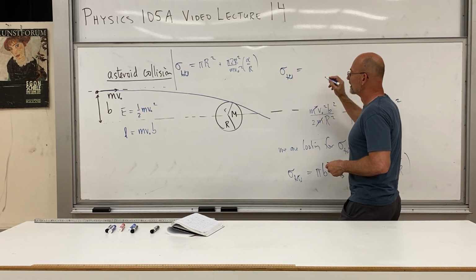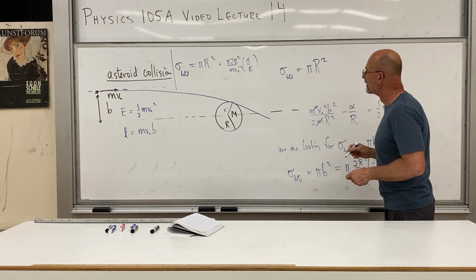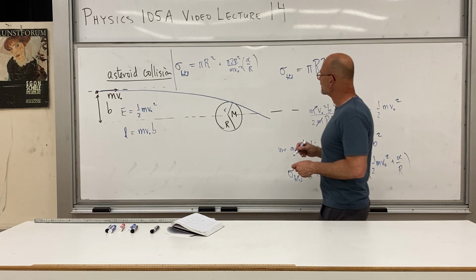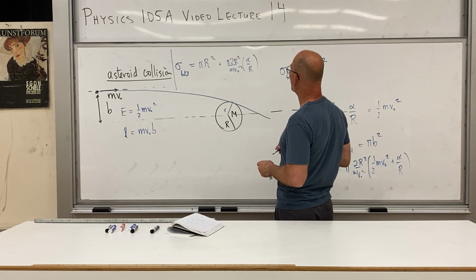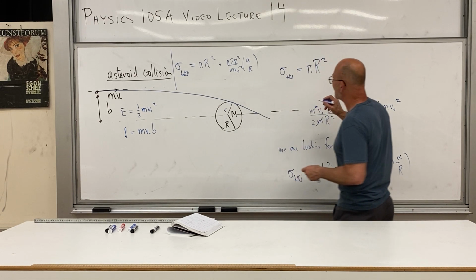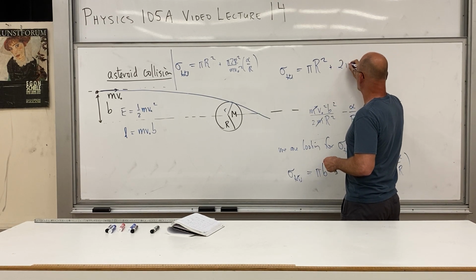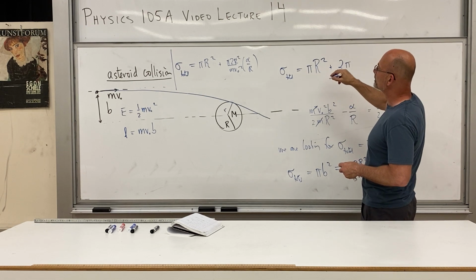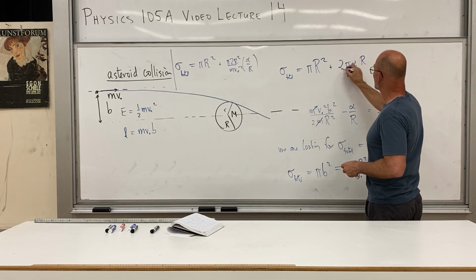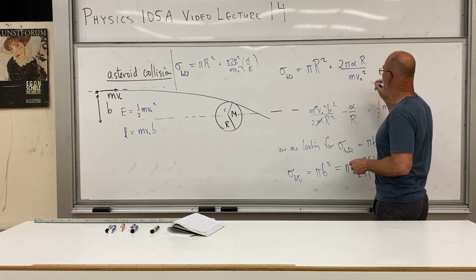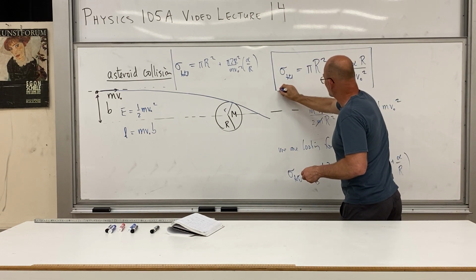The cross section is the following. We've got pi R squared, and we won't factor it out, so we'll have 2 pi alpha R over m v naught squared. Okay, provided we did this right.